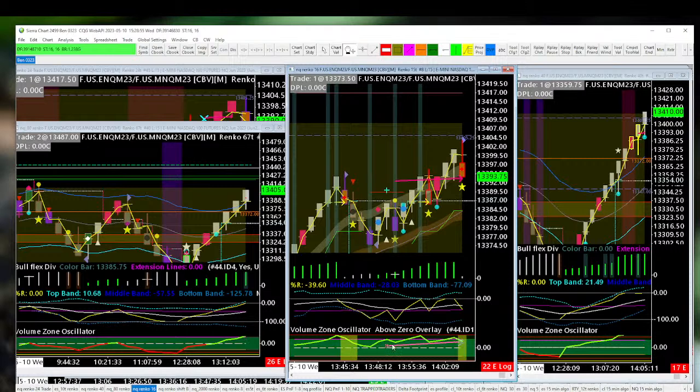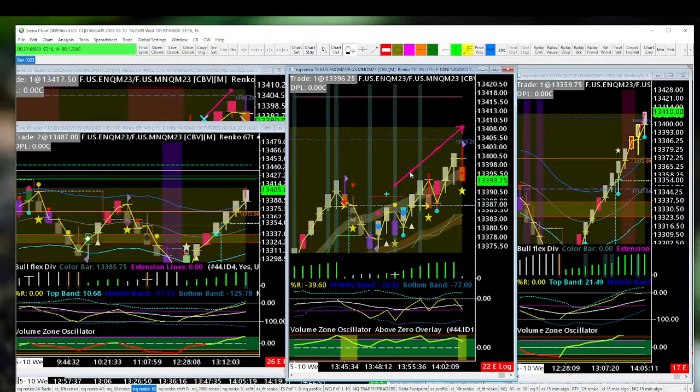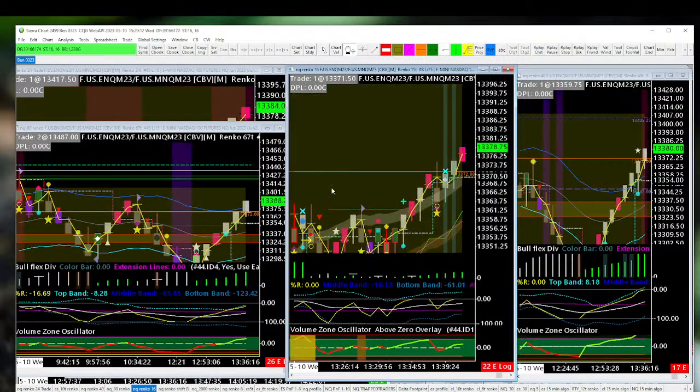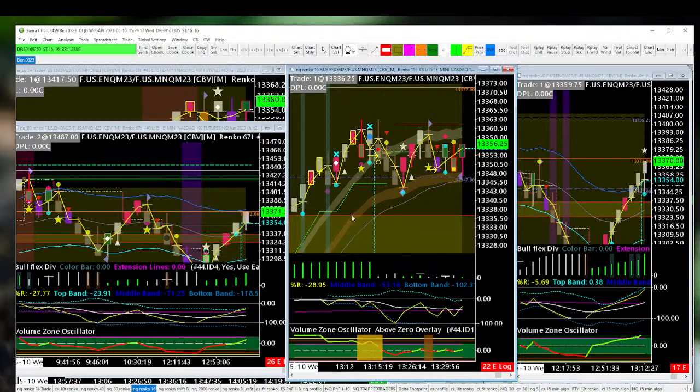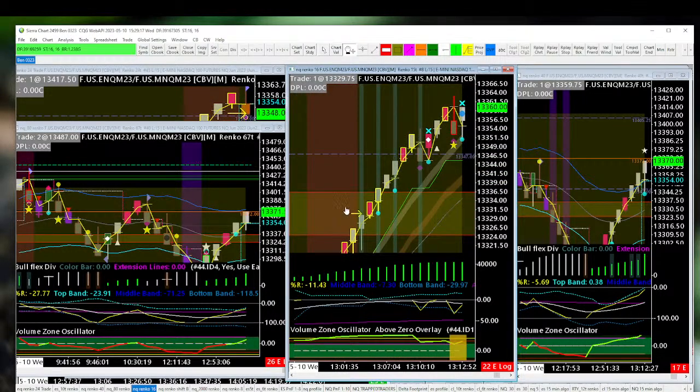It is making lower highs, and this is making higher highs, right? But what you're going to see is this peak here is less preferable than something a little bit rounder and deeper.